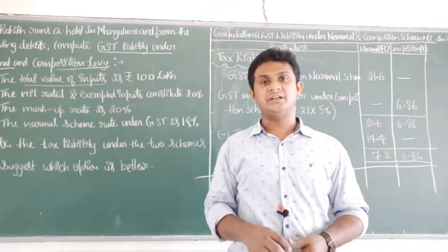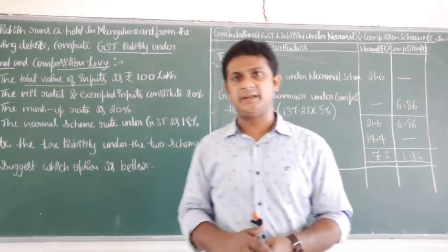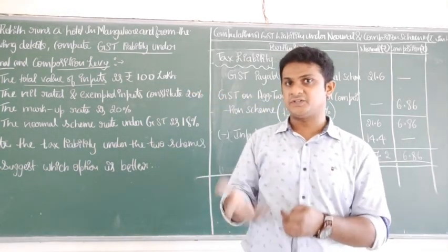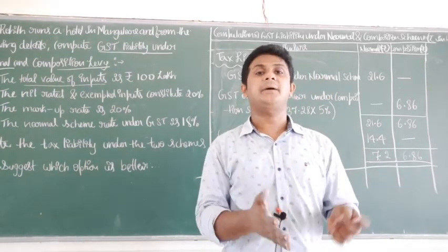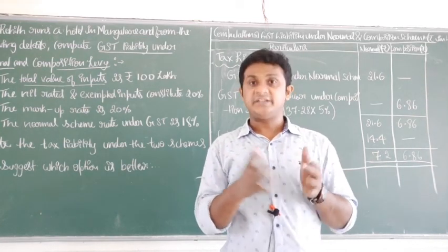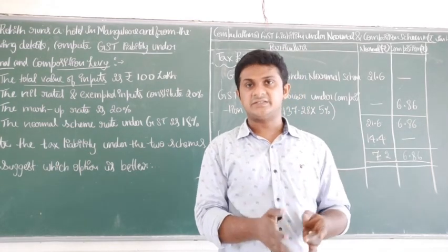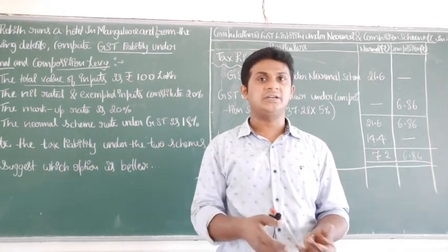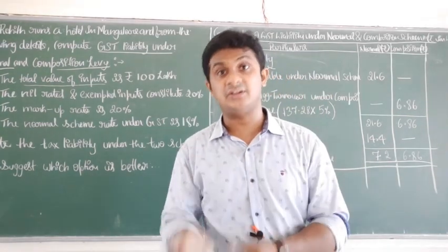And after that, when it comes to the normal scheme, generally there are a lot of documents to be maintained and other procedures to file the return as well. Because of that, there are certain costs to be incurred by the dealers to adhere to GST. We can call it the compliance cost. The compliance cost is generally more in case of regular scheme than composition scheme.